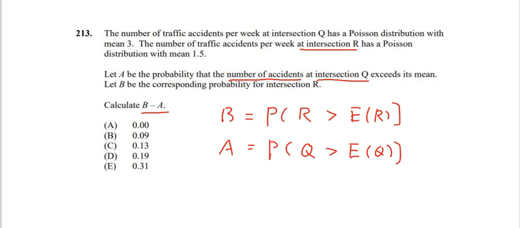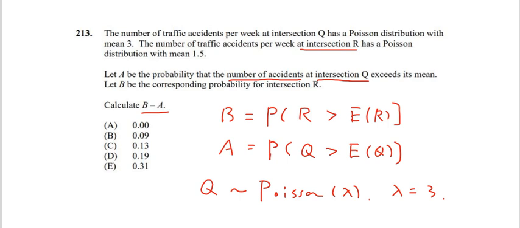So what is the distribution for R and Q? The number of car accidents per week at intersection Q has a Poisson distribution. We can denote Q as Poisson with mean lambda equals 3.